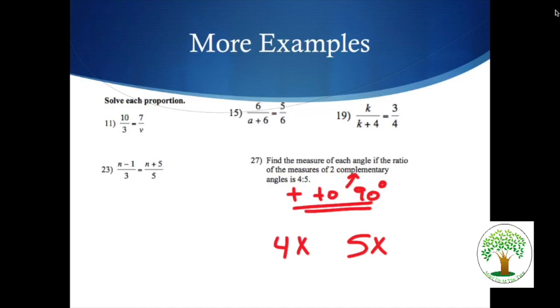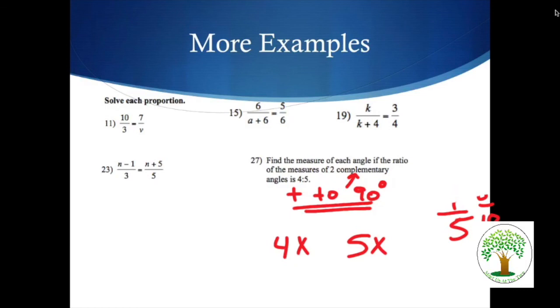Because it's in a ratio of 4 to 5, but instead of 4 over 5, it could be 8 over 10. We could have 8 be one of them and 10 be the other. We know that the fraction reduces to 4 over 5. So it's 4 times something, and 5 times something, and those are complementary.